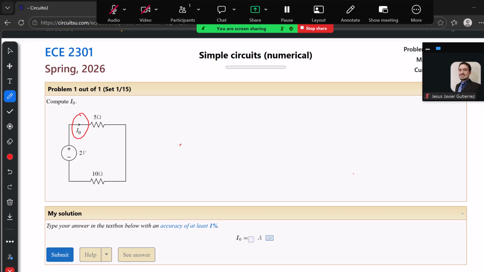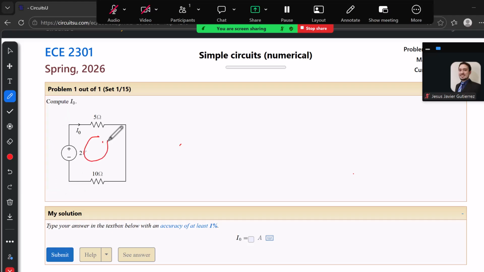We know for sure by passive sign convention that the current in a voltage source will go from minus to plus. So this gives us a sense of direction of the current in this circuit. This means that the current will go clockwise.